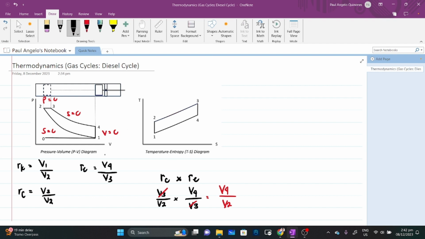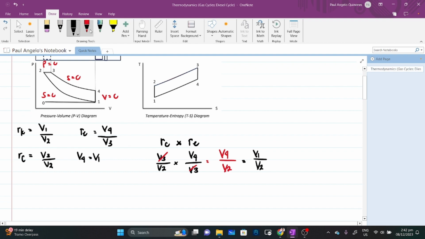But as you observe in the PV diagram, V4 is equal to V1, so we can replace V4 with V1. So we have V1 over V2, which is our compression ratio. This leaves us with the conclusion that aside from V1 over V2, RK can also be solved by using RC times RE, your cutoff ratio multiplied by your expansion ratio.